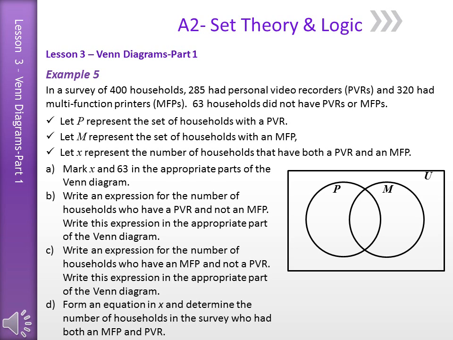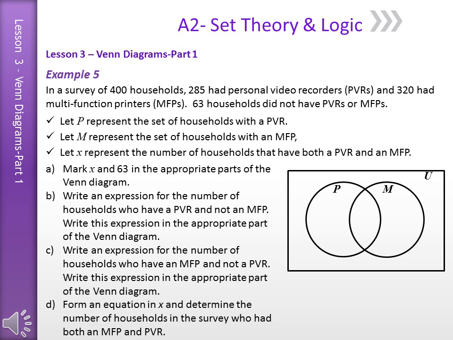So, we're going to let P represent the set of the households with PVRs. We're going to let M represent the set of households with MFPs. And we're going to let X represent the number of households that have both PVRs and MFPs. If you notice, we were not given that exact number, so we're going to represent it by X.